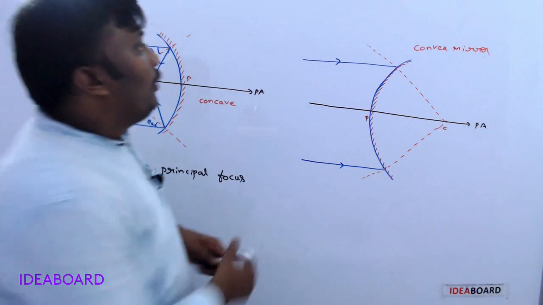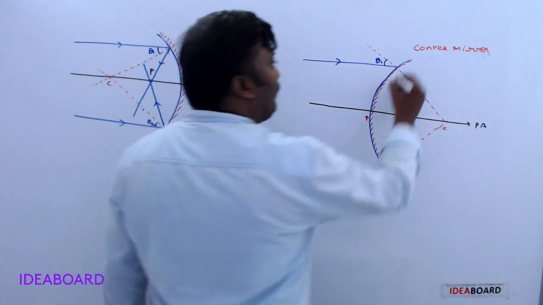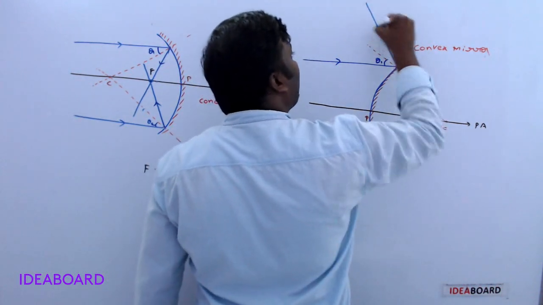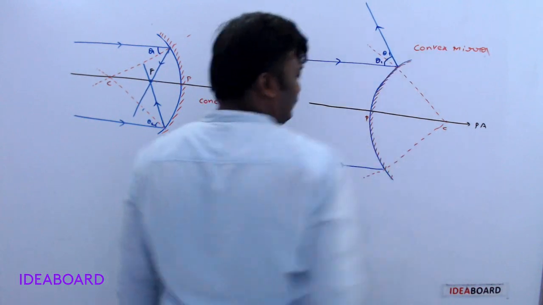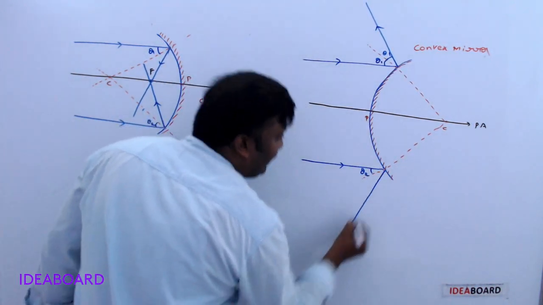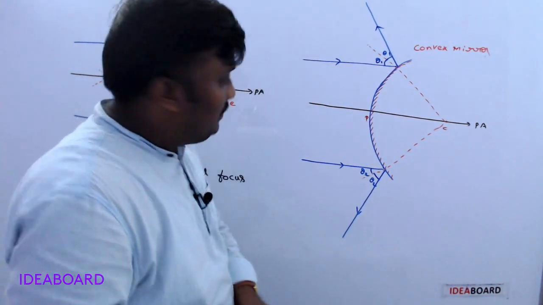With what angle it is incident, from the laws of reflection, with that same angle it is reflected back. At what angle it is incident, with the same angle it is reflected back. Do you observe?